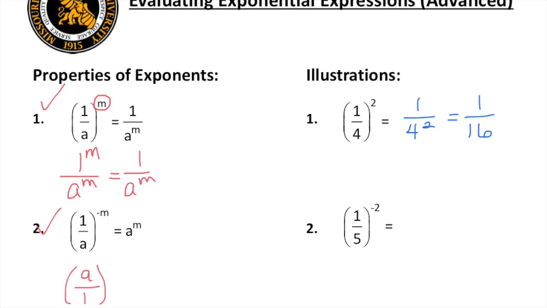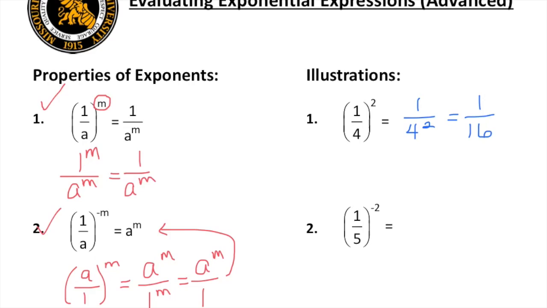Once you've made that flip, the exponent becomes positive. And again, you can apply that exponent to both the numerator and denominator. But since 1 to the m is simply 1, and a to the m over 1 is just a to the m, we get a to the m.